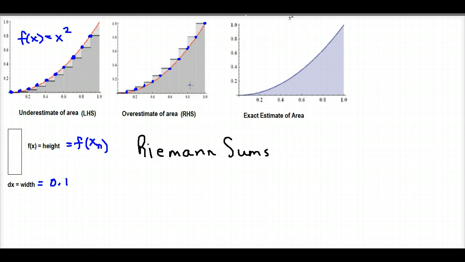Now, next what I'm going to do is actually write this out so that you can see what this looks like. If I was going to do a left-hand sum here, it would look something like this. I'll do a left-hand sum of this function.